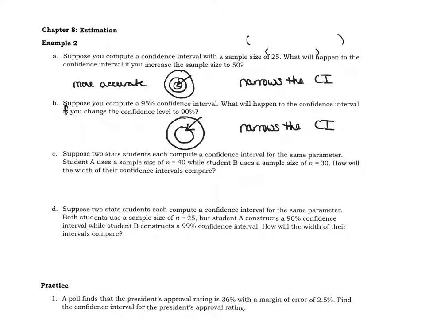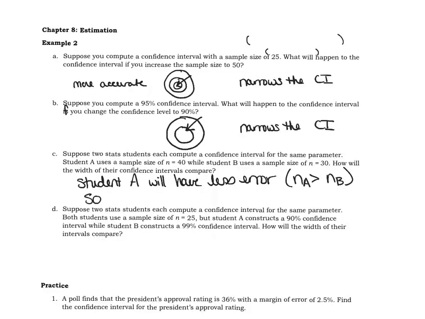I'm hoping you have decided that student A will have less error because the N for student A is greater than the N for student B. So student A's confidence interval is narrower than B's.